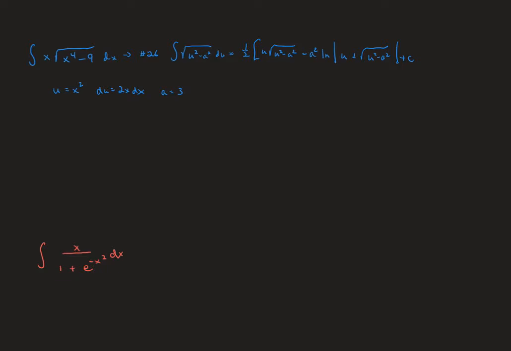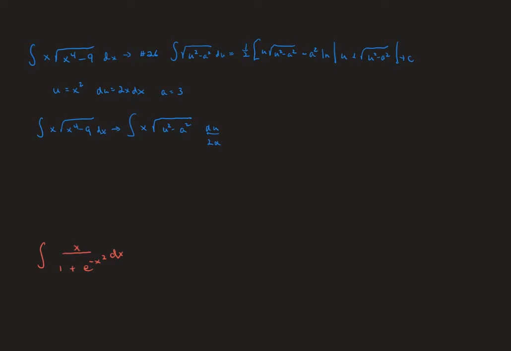So our integral of x square root of x to the fourth minus 9 dx is going to be converted into, we've got the x for a moment, we're going to make that u squared minus a squared with our choice of u and a, and then we'll replace our dx by du over 2x.